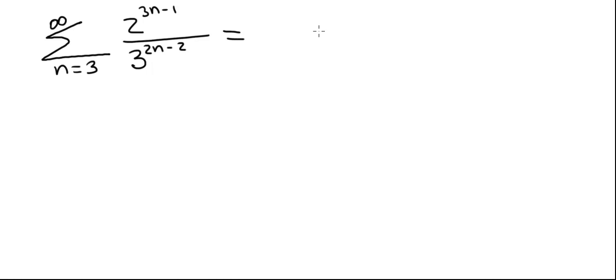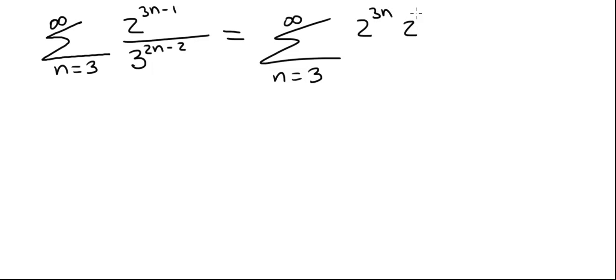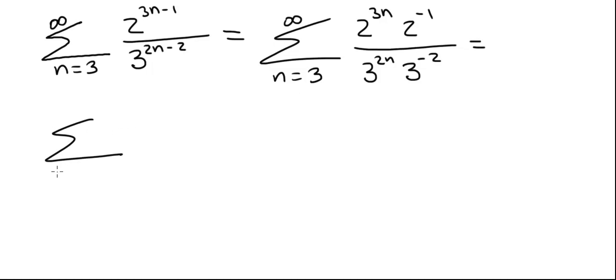So the series can be rewritten as the summation from 3 to infinity of 2 to the 3n times 2 to the minus 1, divided by 3 to the 2n times 3 to the minus 2. And now this can further be written as the summation from 3 to infinity. 3 to the minus 2 in the denominator is 3 squared. 2 to the minus 1 in the numerator would be divided by 2.